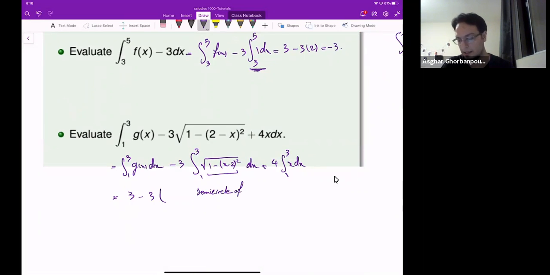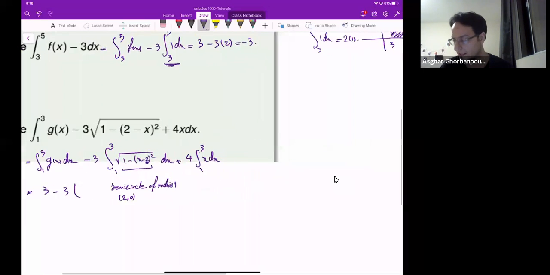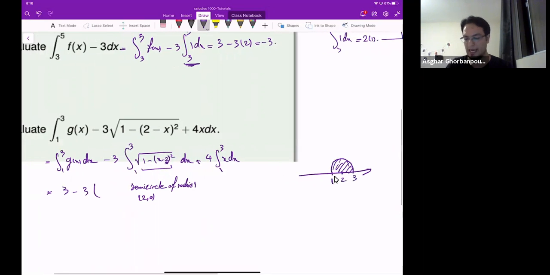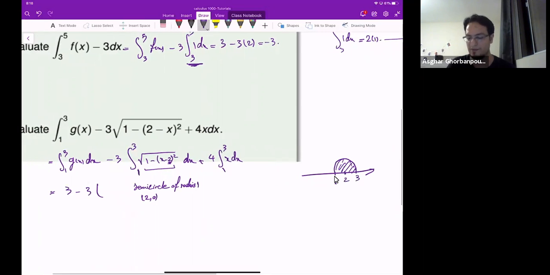of radius 1, centered at where? At 2 and 0. So if I have the semicircle centered at 2, the radius is 1. So we'll go like that. So it means that it will start from 1 to 3. Now, yes, integral is from 1 to 3.